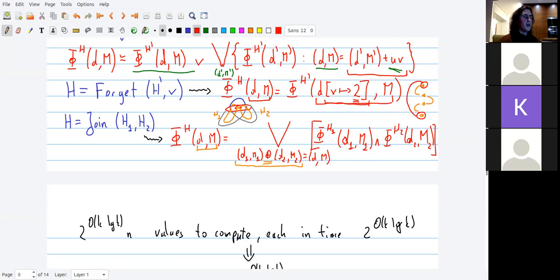And then in order to see whether the signature dm can be realized in the graph after joining, I need to look through all possible dissolutions of dm into a signature on the left and on the right, check whether the one on the left and the one on the right can be realized, and take a big disjunction over all possible combinations.